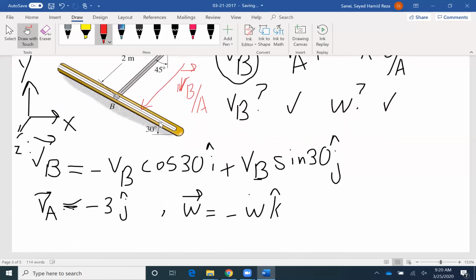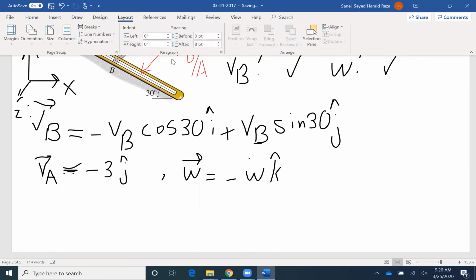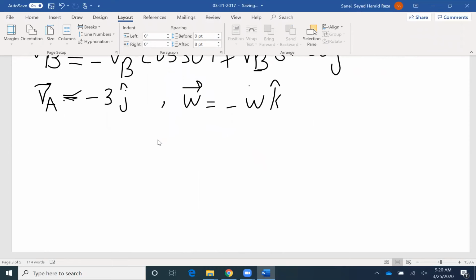So both X and Y components would be negative. So if I write RBA here, it would be negative 2, the length, and the angle cosine 45.